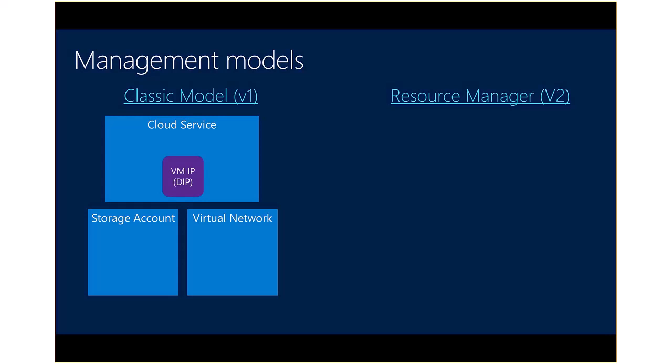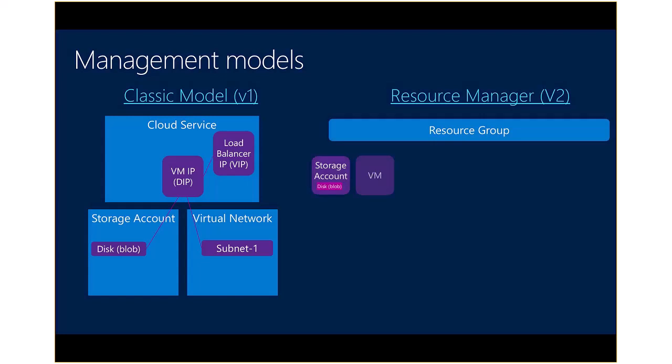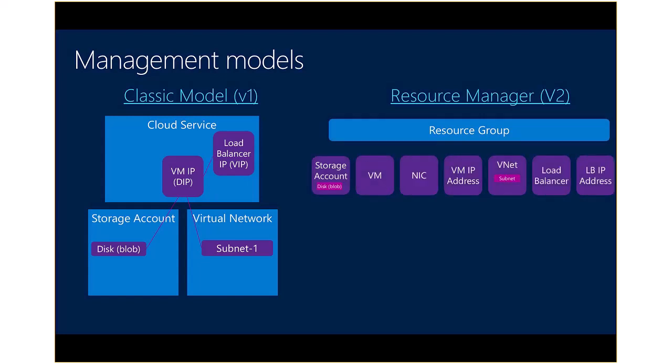It used to be deployed into a container called Cloud Service, which provided you with a management IP address and an internal IP address in a subnet, and then it had a storage account with a disk inside. It also created a load balancer with a public IP, regardless of whether you had a single or multiple instances, and that was the experience.